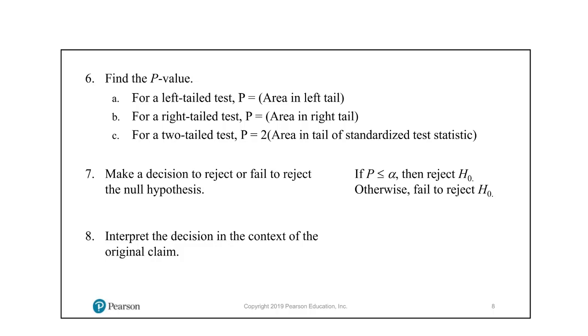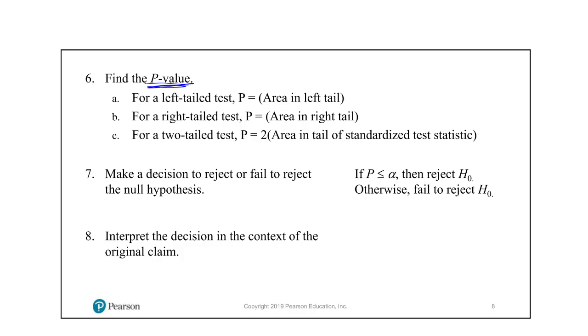And for two-tailed, we'd find either one of those, most likely the left-tailed area, because that's easiest to find using the function. And then we're going to double it because we need the area from both tails in that case. All right, so that's how we're going to find p. The whole idea there was finding p based on areas.